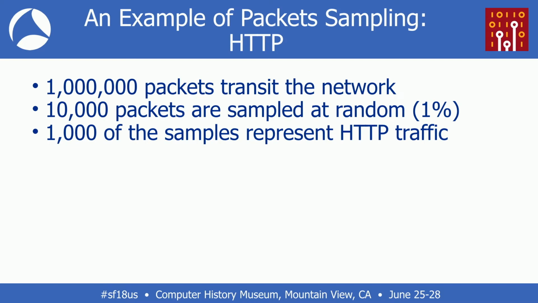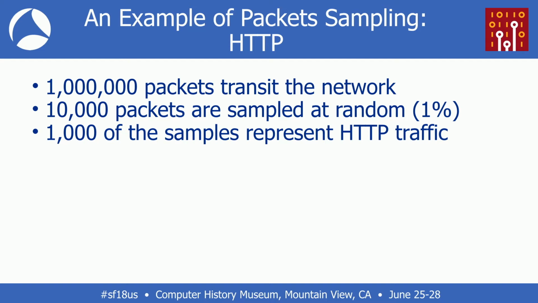Let's see an example. Let's consider a simple example with 1 million packets that transit the network, and you have a 1% sampling rate. So this means that only 10,000 packets out of the 1 million reach your hands.